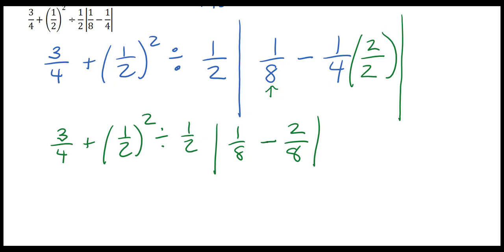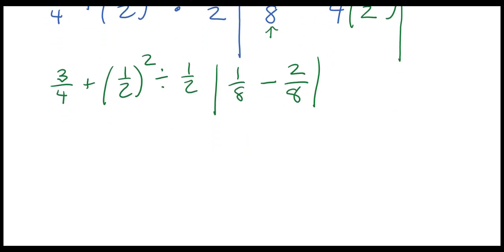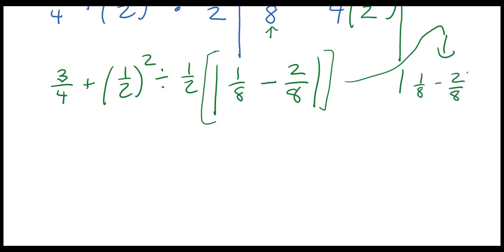Well, if we were to take this out, and do it right here, we have this 1/8 minus 2 over 8. So we get negative 1/8, but it's an absolute value, so that just becomes positive 1/8. So that's our first step we would do.